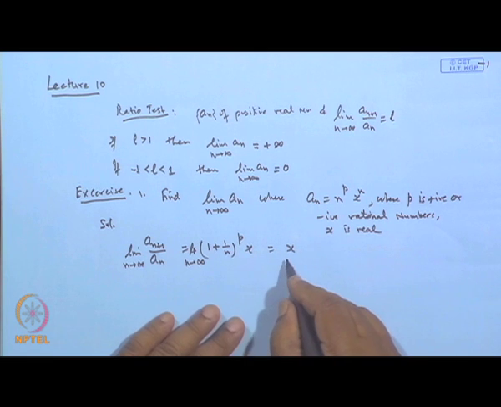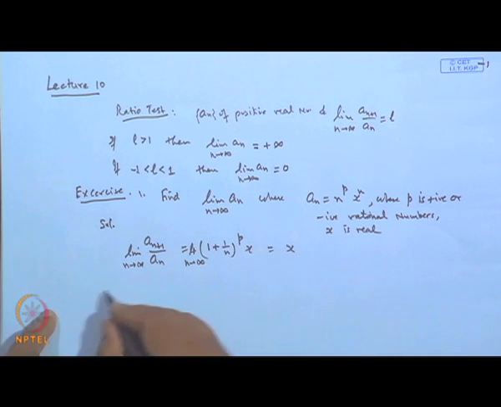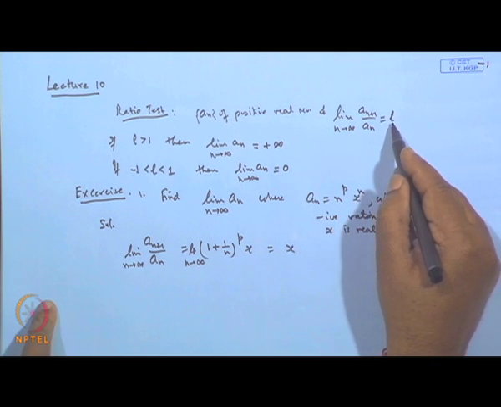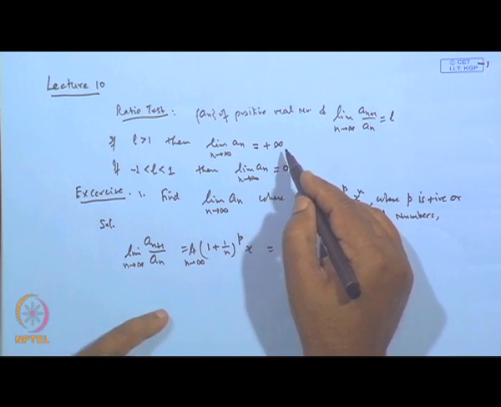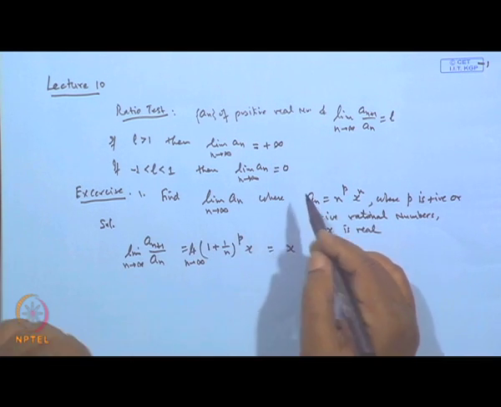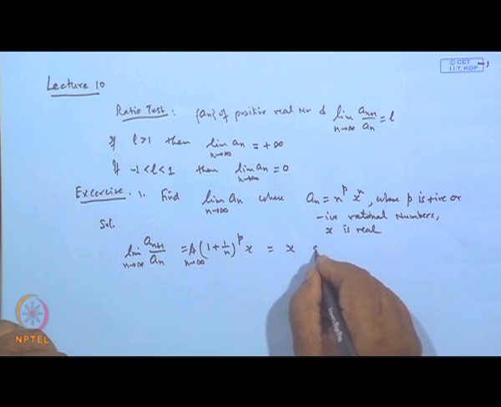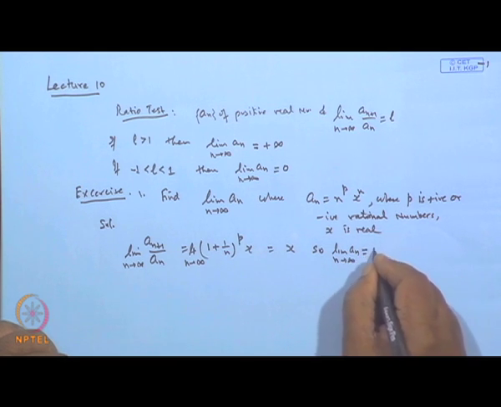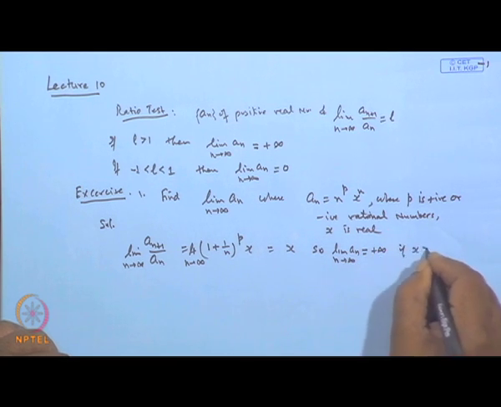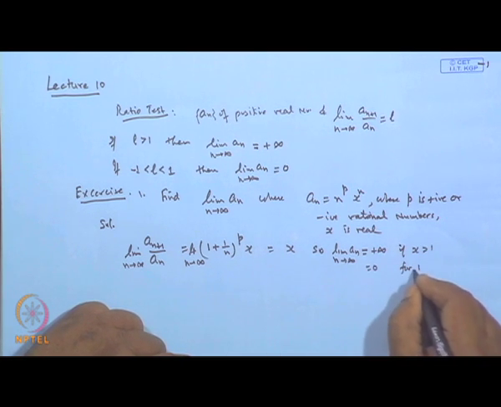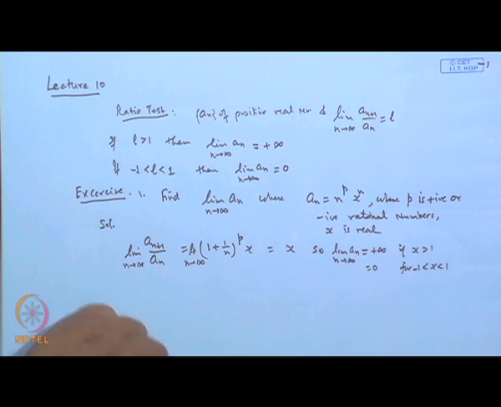So, when x is greater than 1, according to the ratio test, if the limit of a n plus 1 over a n is L, where L is greater than 1, the limit of a n will be plus infinity. When L lies between -1 and +1, the limit will be 0. So, the limit of a n is infinity if x is greater than 1 and 0 for x lying between -1 and +1.